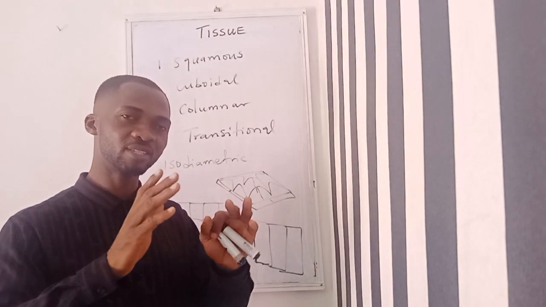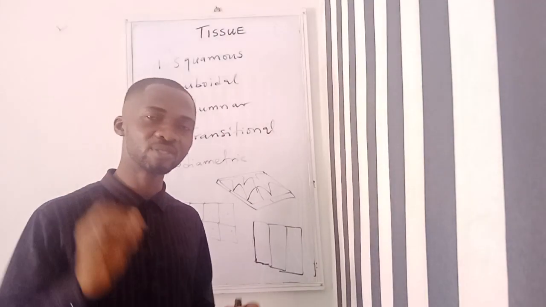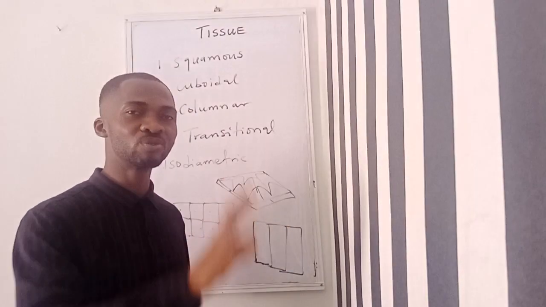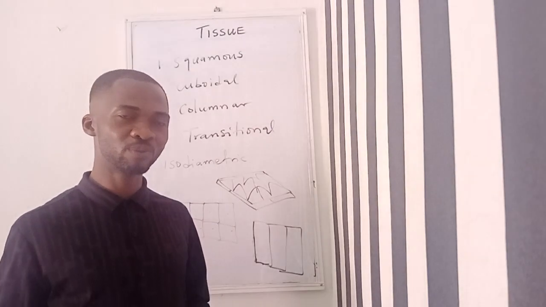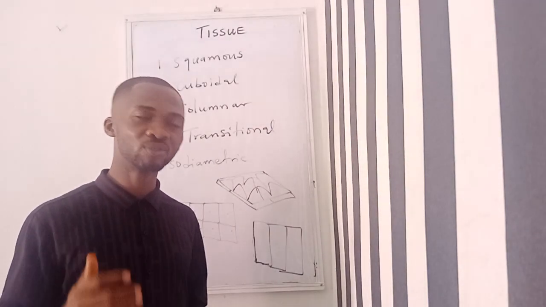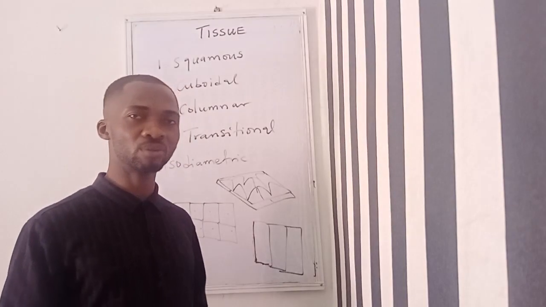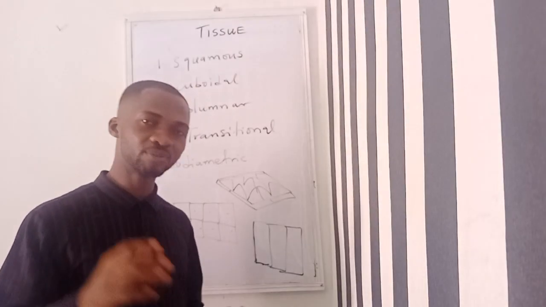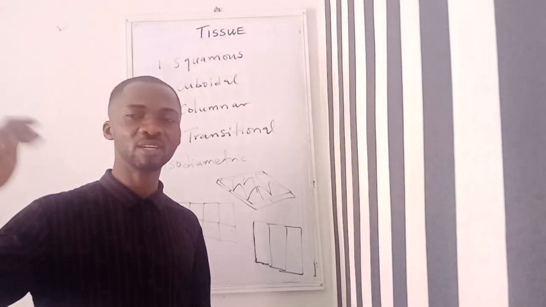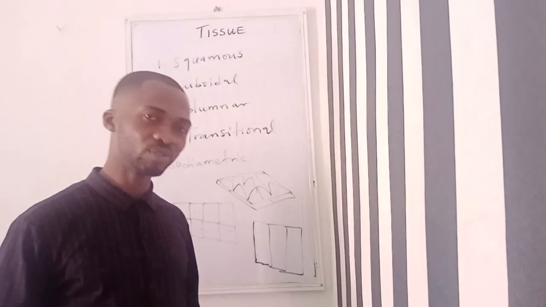That means it contains a duct. But the endocrine gland, which secretes hormones, does that directly into the blood. So it is ductless. So the exocrine gland has a duct, whereas the endocrine gland is ductless.